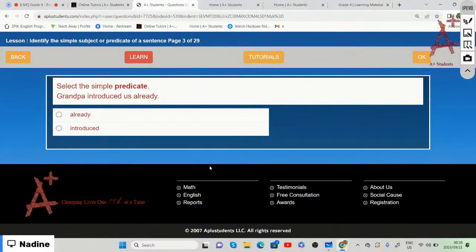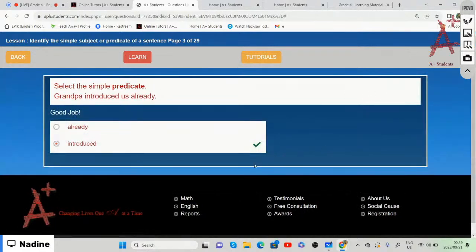And if we select the predicate, right, only the verb, is it already or is it introduced? And then we will select introduced, because that is a verb.